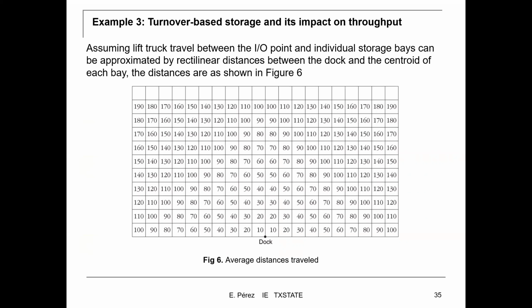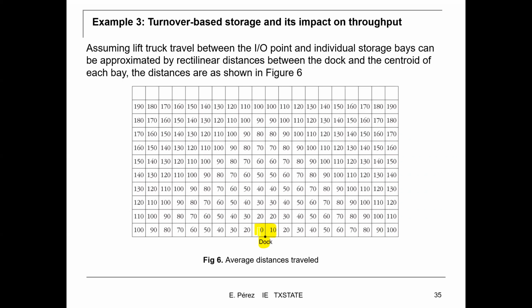Assuming lift truck travel between the input-output point and individual storage spaces can be approximated by rectilinear distances between the dock and the centroid of each bay. Distances are as shown in figure 6. So those distances are measured from this point, which is the dock. And then as you move farther from the dock, if you use rectilinear distances, then that is going to increase.